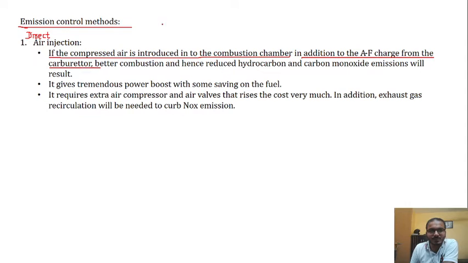So what happens here is that we provide the air-fuel charge plus the compressed air.